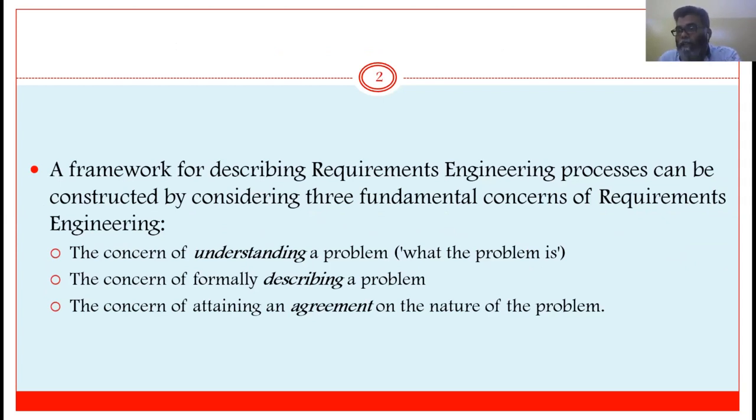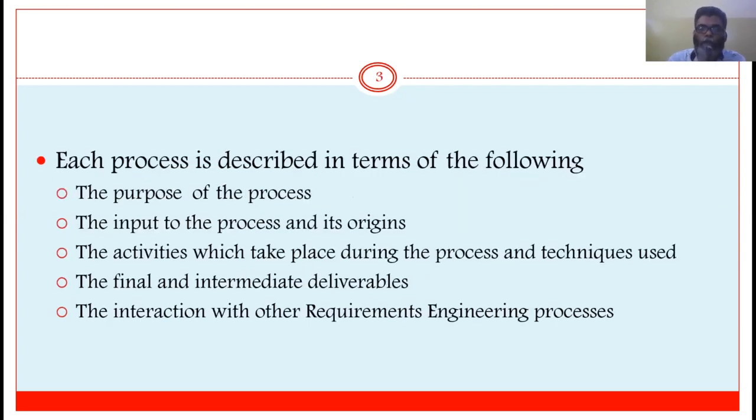describing the requirement engineering process, which can be constructed by considering mainly three fundamental concerns. They are the concern of understanding a problem, the concern of formally describing a problem, and the concern of attaining an agreement on the nature of the problem. So: understanding a problem, describing a problem, and making an agreement on the nature of the problem.